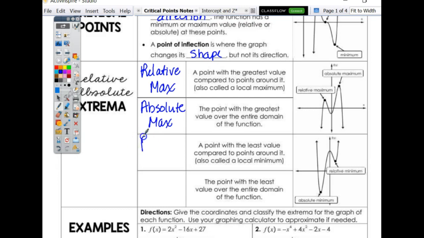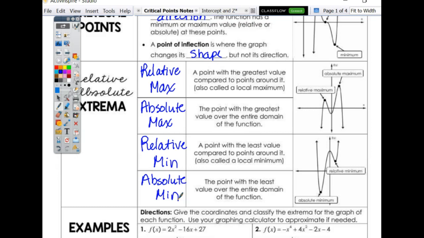A relative minimum is the least value compared to other points around it. And an absolute minimum is the lowest point, the smallest point, least point over the entire graph.